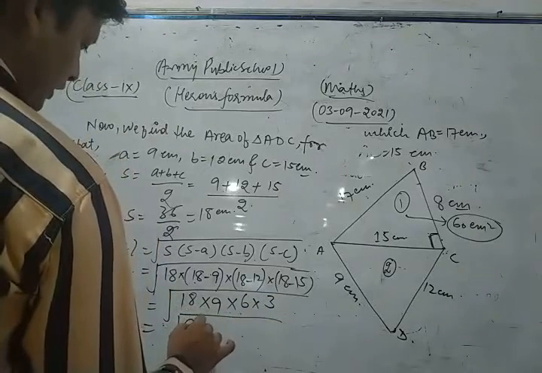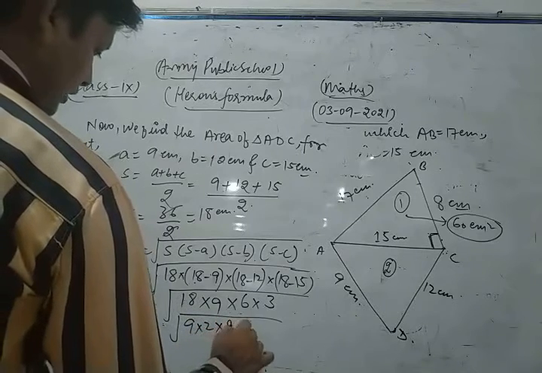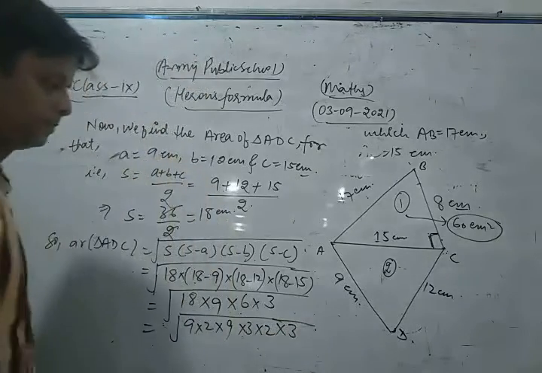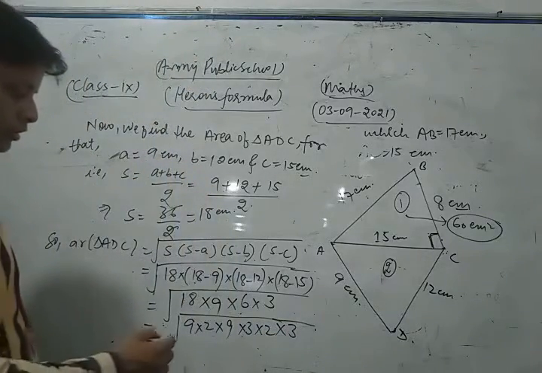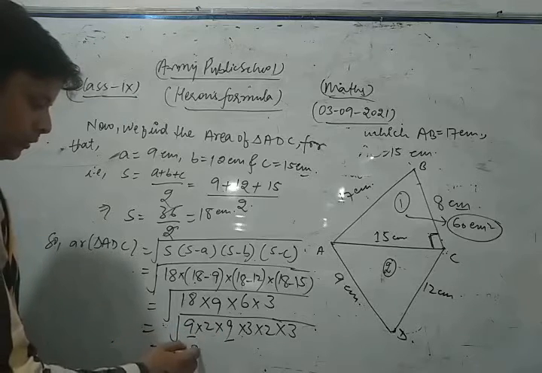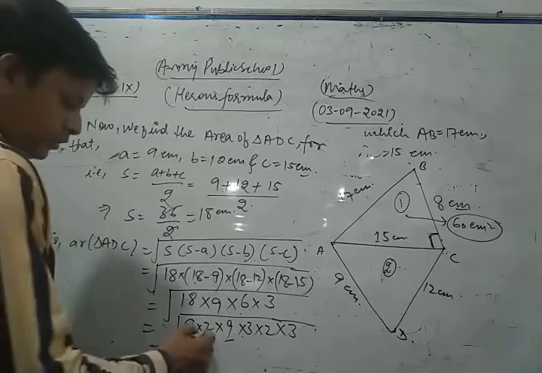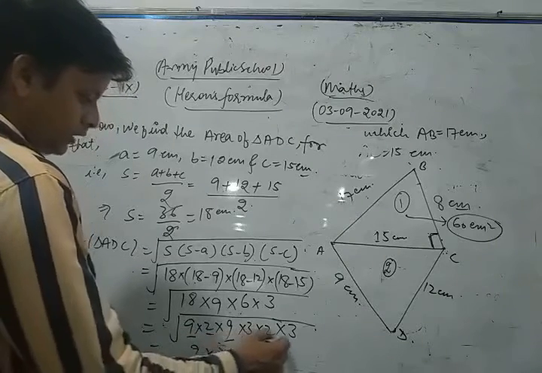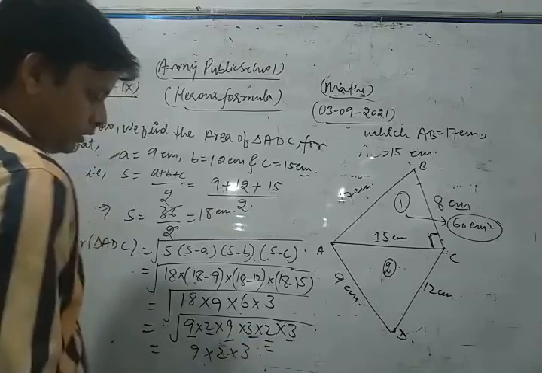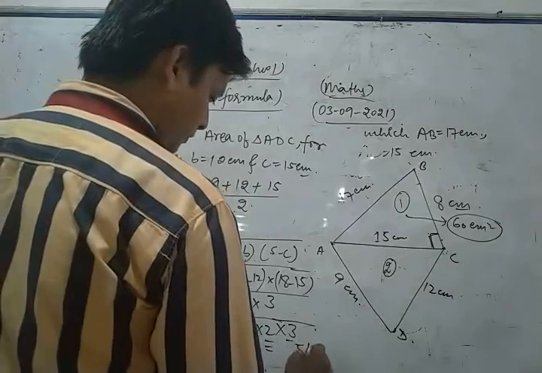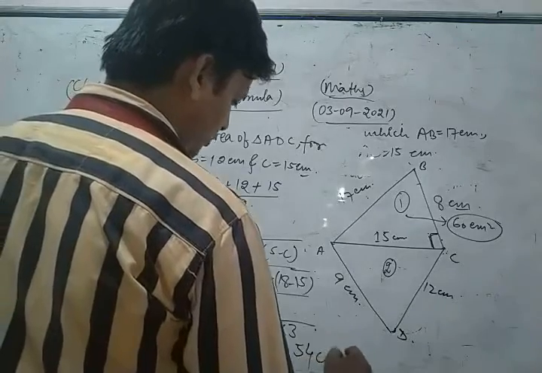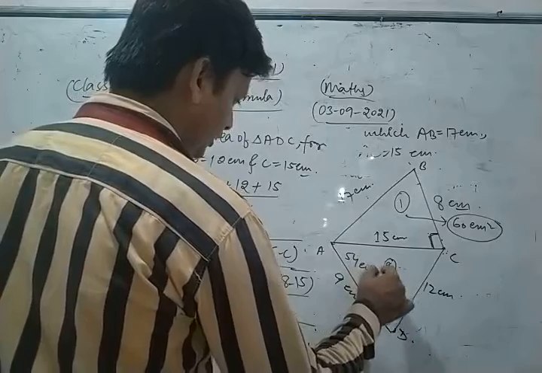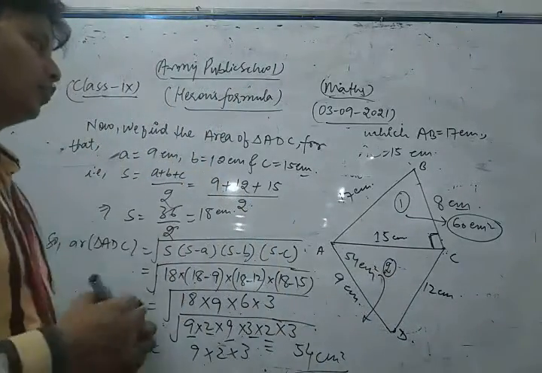We get 9 into 2 into 3 into 3. Now look, 9 is in pair, so 3 comes out from the square root. 3 also in pair, so 3 also comes out. So we multiply and get 54 centimeter square. So the area of this triangle is 54 centimeter square.